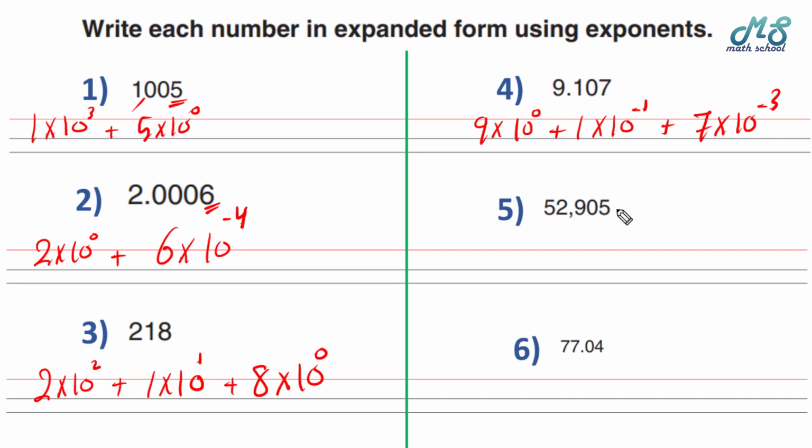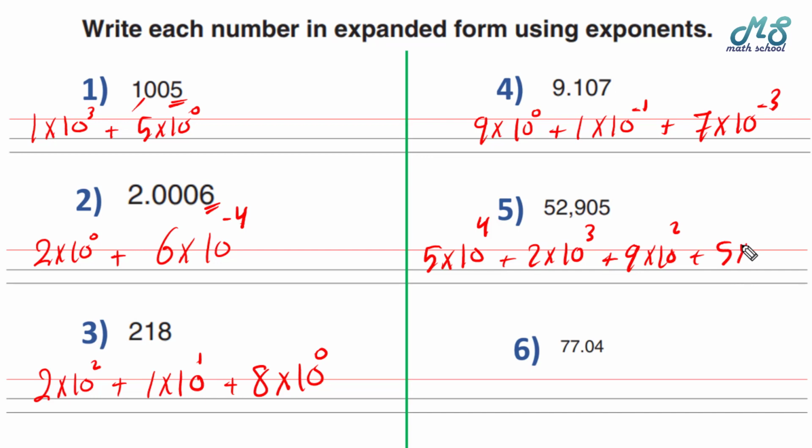52,905. So all the powers of 10 are positive except 0. So 5, its value is equal to 5 times 10 raised to the power what? 4. Because 5 in 10,000th place. Plus 2 times 10 raised to the power what? 3. Plus 9 times 10 raised to the power 2.